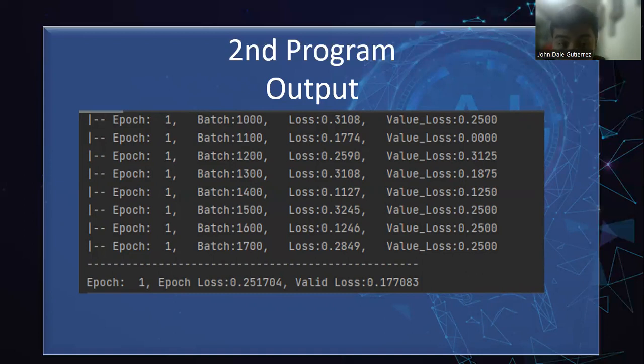It just shows you that the prediction would be more effective if this is the loss that was generated.